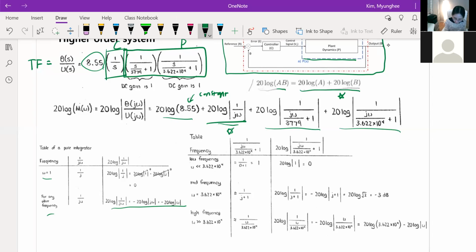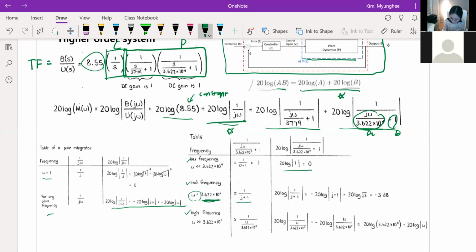we can also discuss when the frequency is low, middle, and high. When the frequency is low, let's say A and B, A is negligible, so therefore it becomes almost zero. About mid frequency, A and B both are important, and omega is about the same as this value.